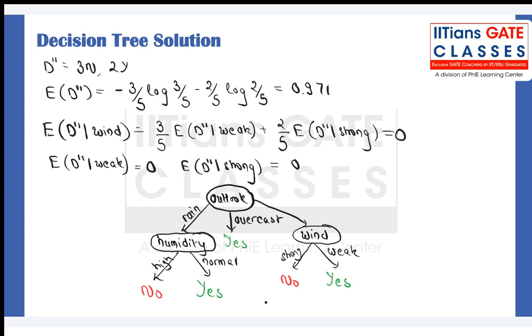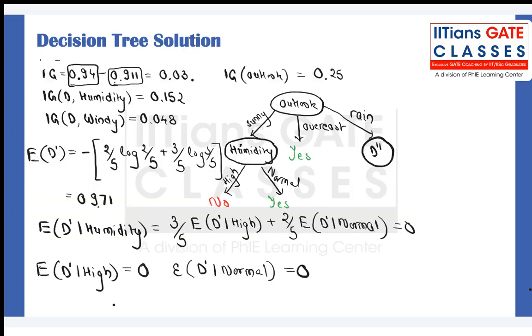So given any new data point, you will go to the root of the tree and look at the variable outlook. If it is rainy, you go to the left. If it is overcast, you output yes. If it is wind, oh, okay, I think I made a small error. Sunny and rain.